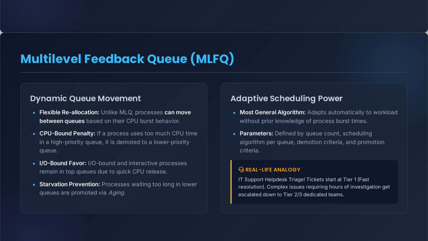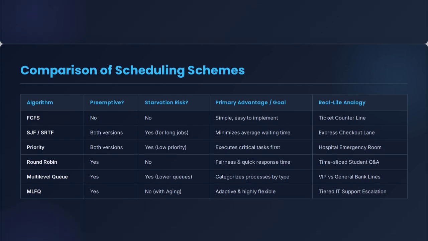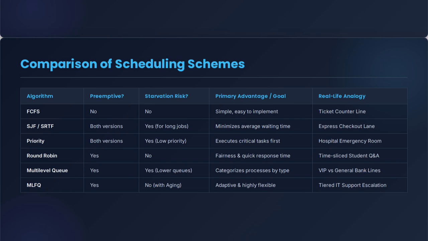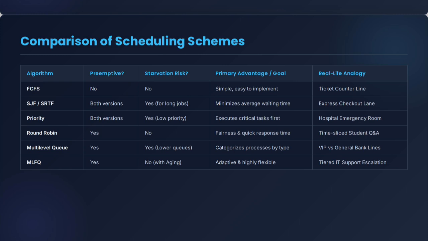Then, a comparison of the scheduling schemes: FCFS, SJF, priority, round robin, multi-level queue and multi-level feedback queue.